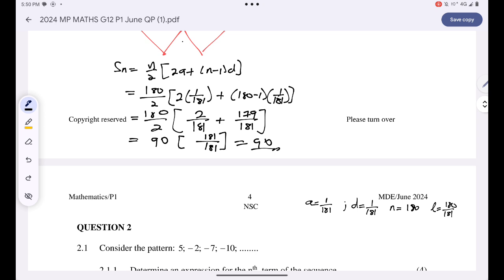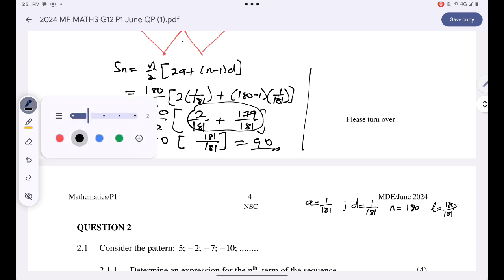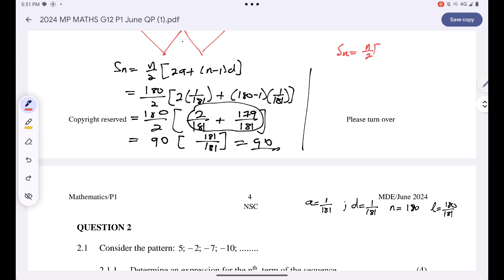So the answer should be equal to 90. This makes sense. I just added these fractions over there, and then I got 181 over 181, which is basically 1. And then on the outside, I had 180 divided by 2, which will give me 90. So 90 multiplied by 1 is just equal to 90. I could have just found the sum by using the equation Sn is equal to n over 2 times a plus l.